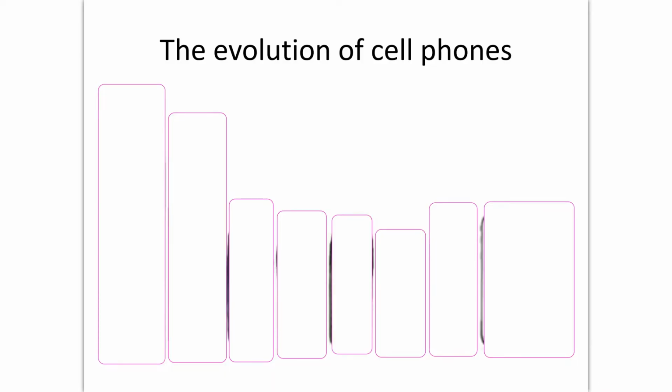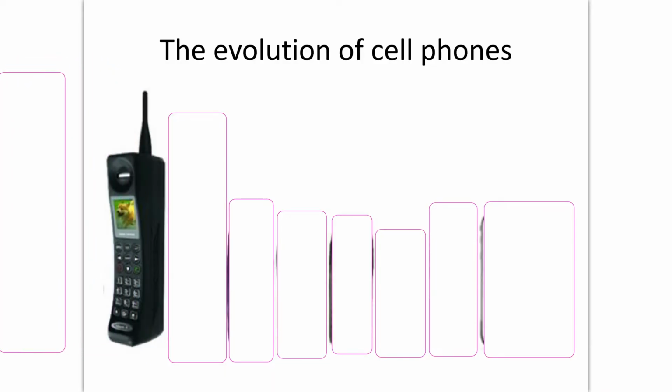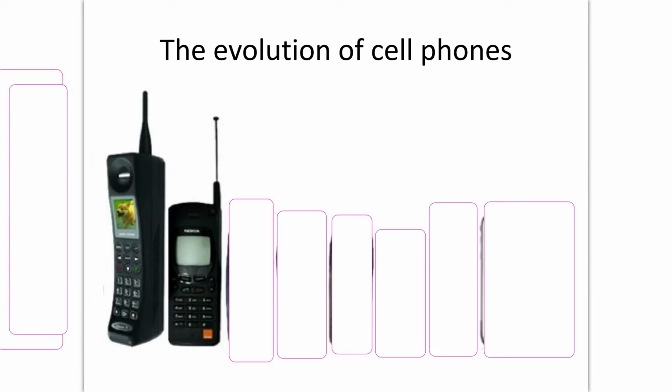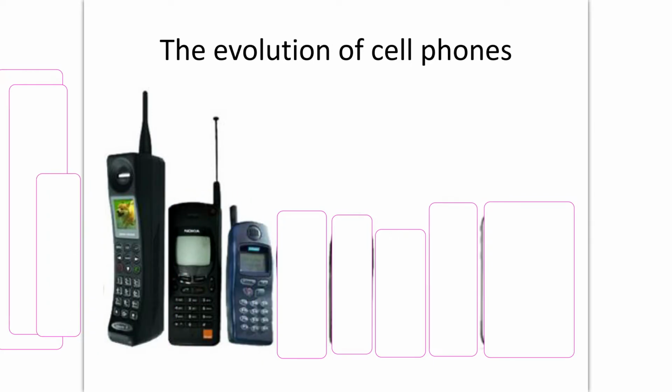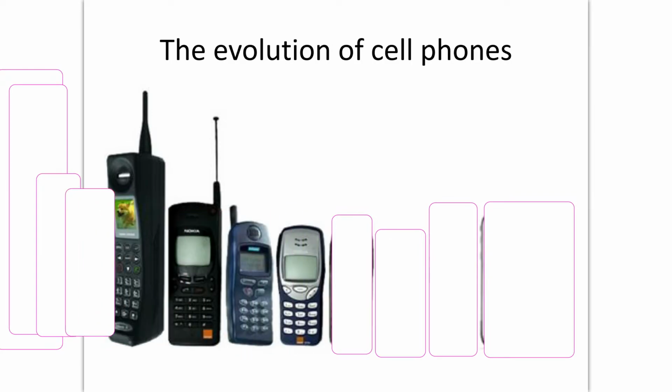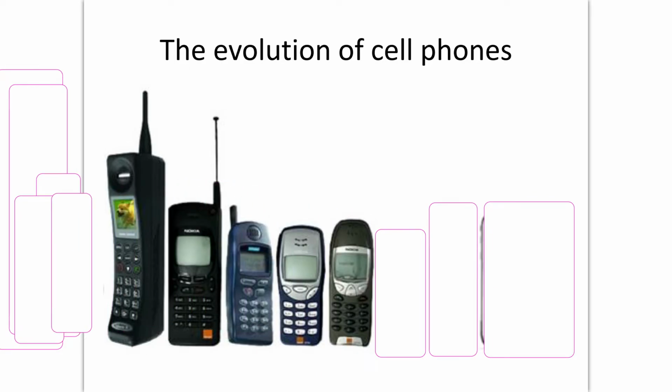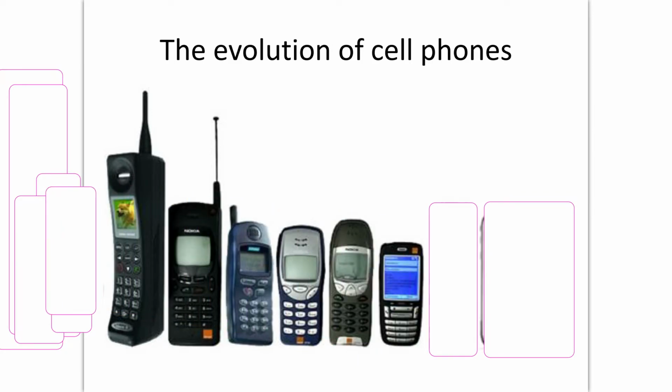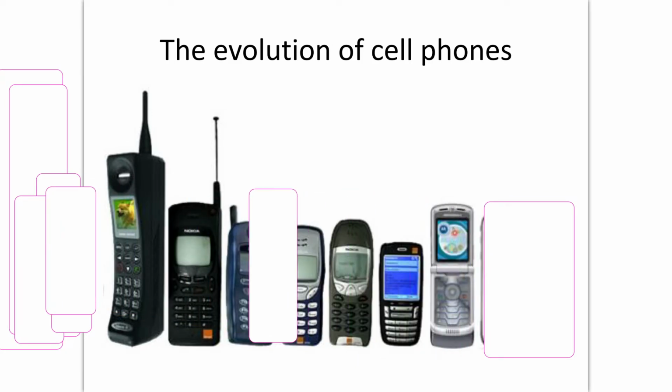So the evolution of cell phones. If we look here, they started as these big brick things. Then you got the Nokias, the indestructible Nokias, but their antenna came up. Then you got the Nokias with no antenna coming up, and those were even more indestructible. And another indestructible Nokia. And then you have a slightly different Nokia. And then the BlackBerry came in.